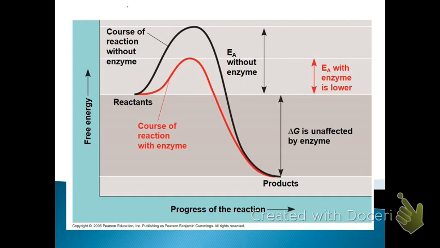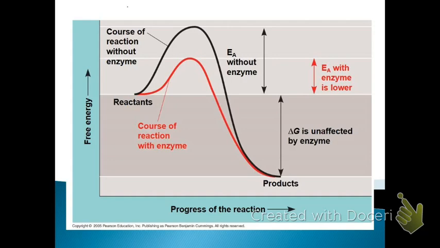You can see the black line shows how much energy the EA, activation energy, is. Without the enzyme, it took a lot more energy and a lot more time for the reaction to take place, whereas the red line shows that with the enzymes introduced, it doesn't take quite as long. So it speeds up the reaction by lowering the activation energy.